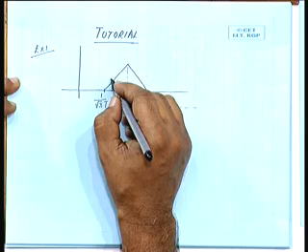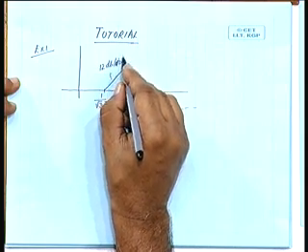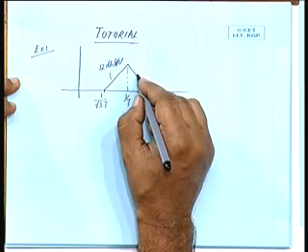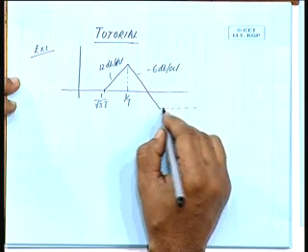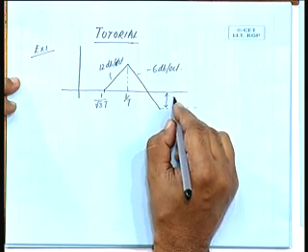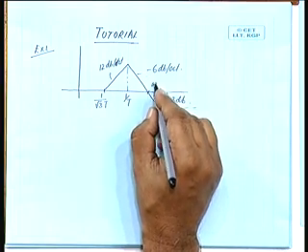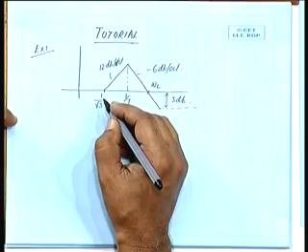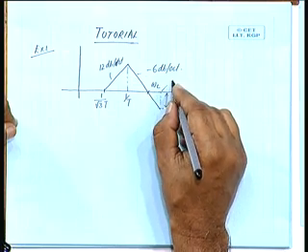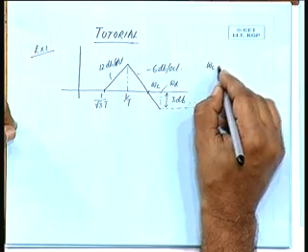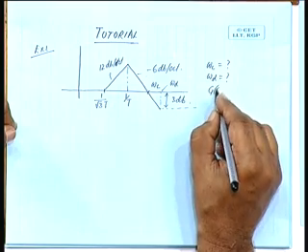This is 12 dB per octave, and this is minus 6 dB per octave. This value is 3 dB. Estimate these frequencies omega c and omega d, this frequency.